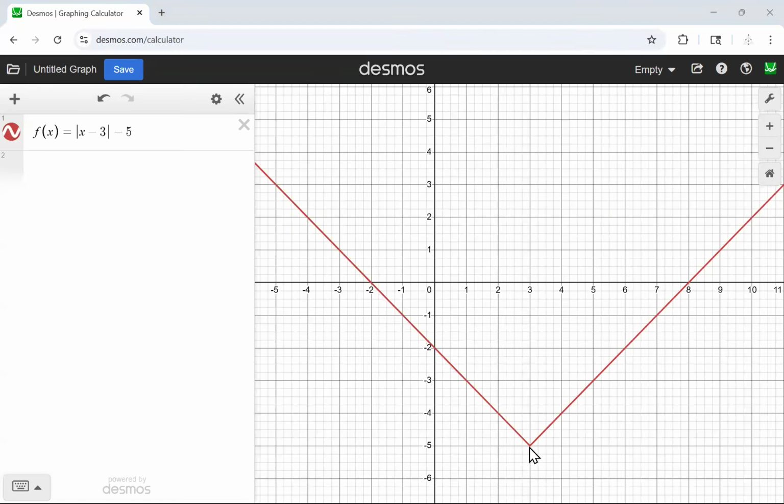And oftentimes with technology, you can actually highlight and hover your cursor over a point, and you can see the x-intercepts at -2, 0 and at 8, 0. You can see the y-intercept at 0, -2. You can see your vertex here is at 3, -5.